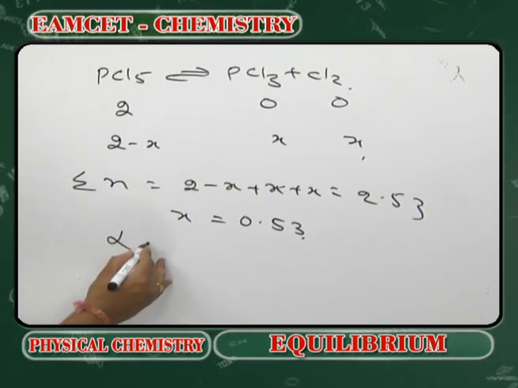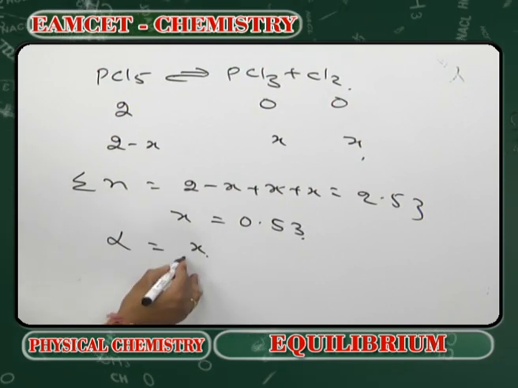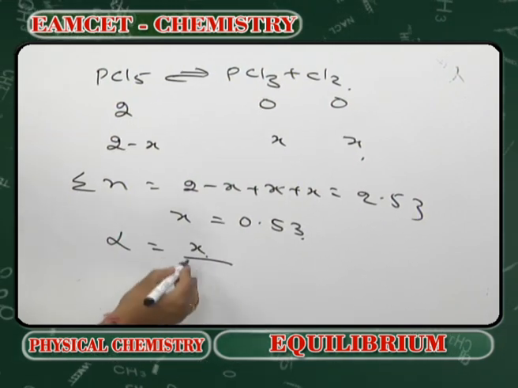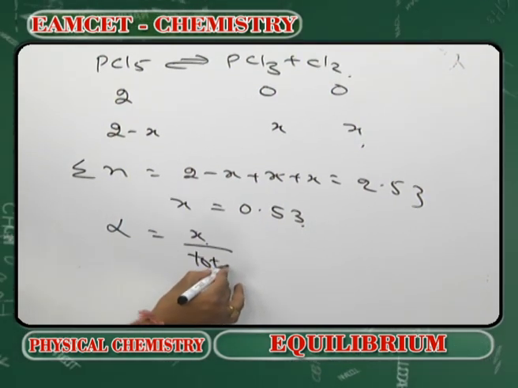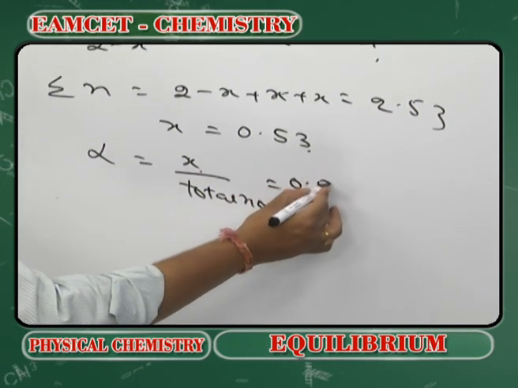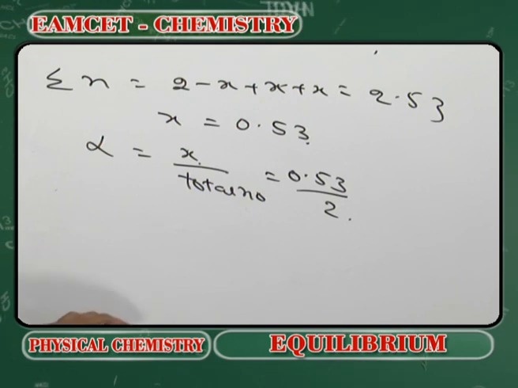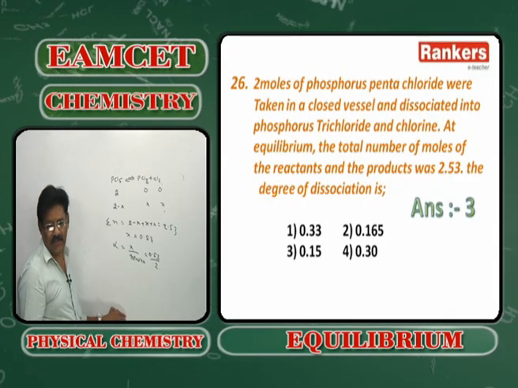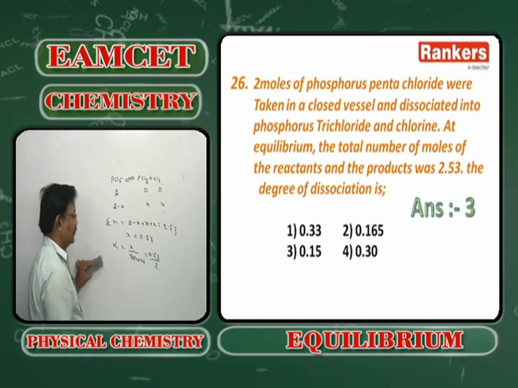So alpha is equal to X by the initial number of moles taken, 0.53 by 2.